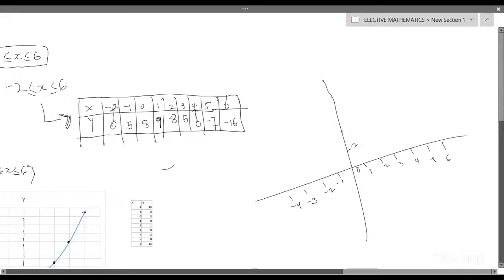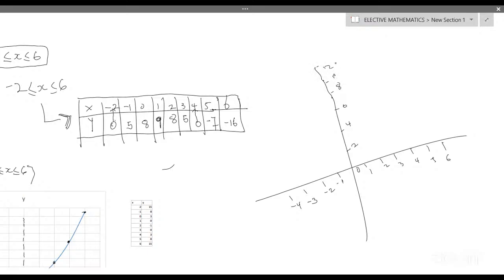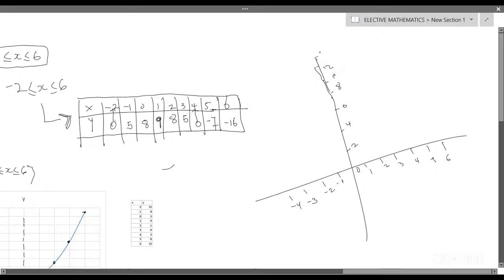So 2, 4, 6, 8, 10, 12, 14, 16. And here -2, -4, -6, -8, -10, -12, -14, -16. So you do it that way, and then you start to plot.